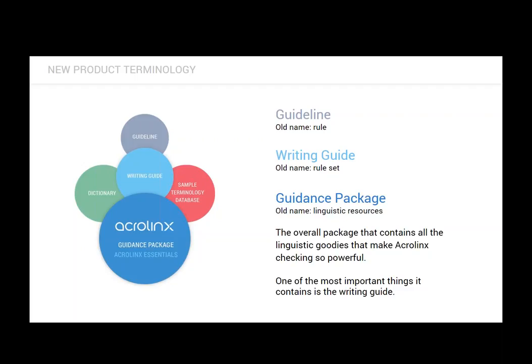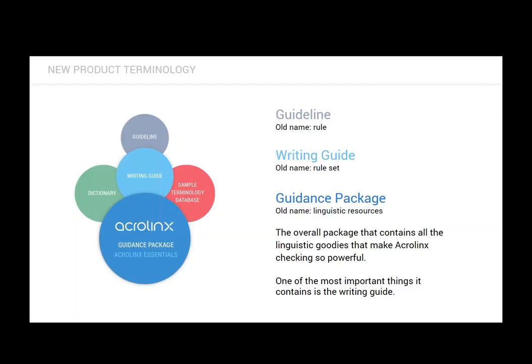That led us to the conclusion that we have to change the terminology we are using in the product and how we call things, to be, first of all, more accessible to users who don't have so much experience with natural language processing and linguistics, and also to better present what these functions are actually doing and where they are moving to and what they will be doing in the future.